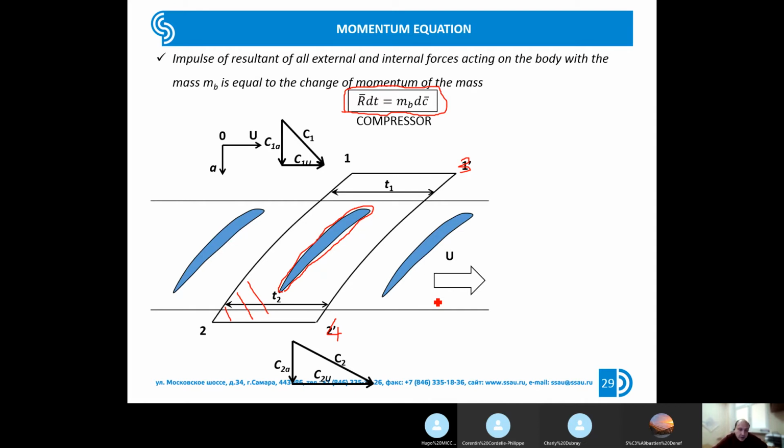What forces impact this volume? What volume do I mean? It's this volume. What forces impact this volume?